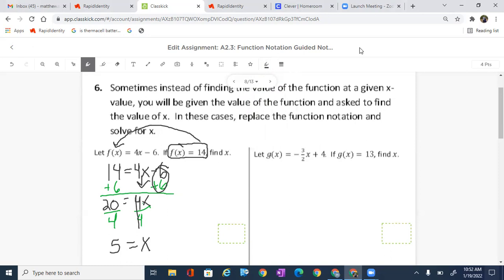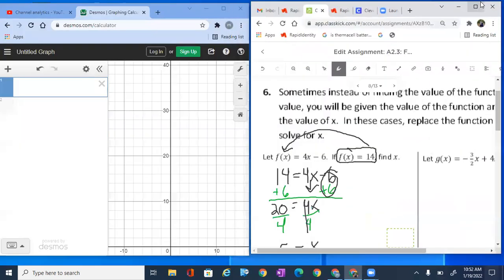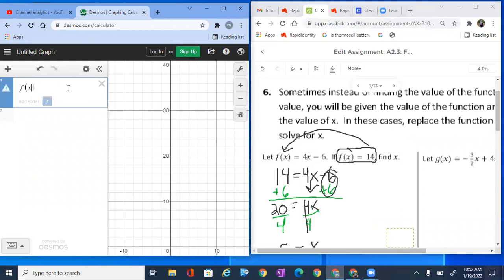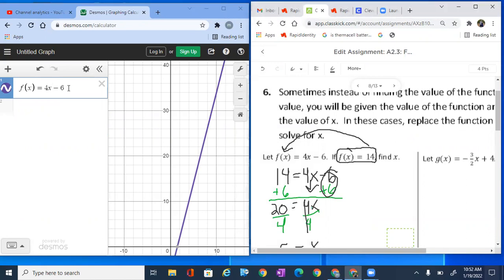Now we can go ahead and check this in Desmos, and that's what I'm going to take the time to do before I do another problem. And so I'm going to type in f of x equals 4x minus 6. Then I can take this second piece, f of x equals 14, and type that directly in.